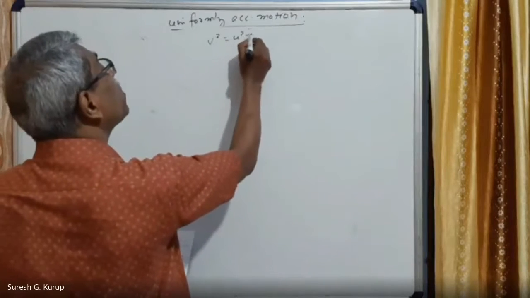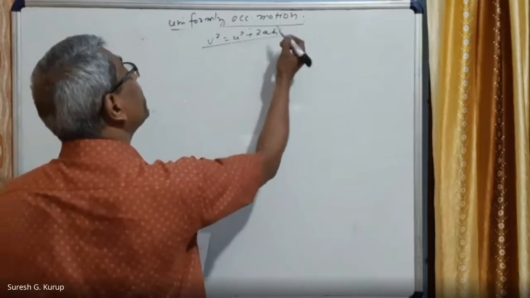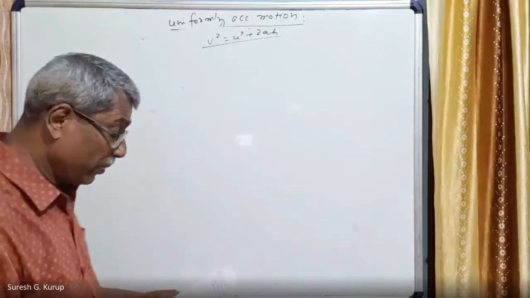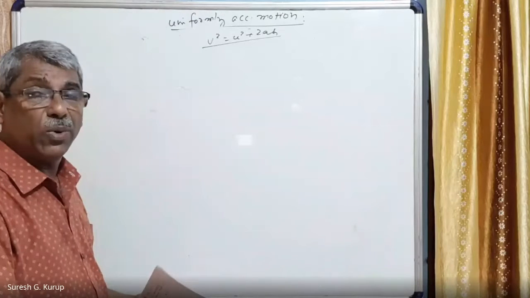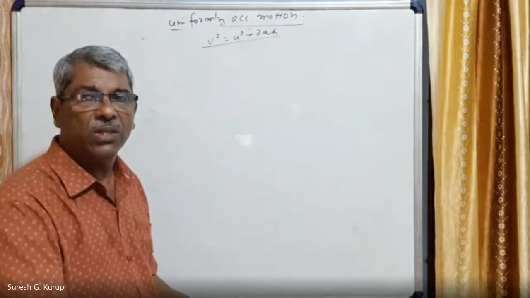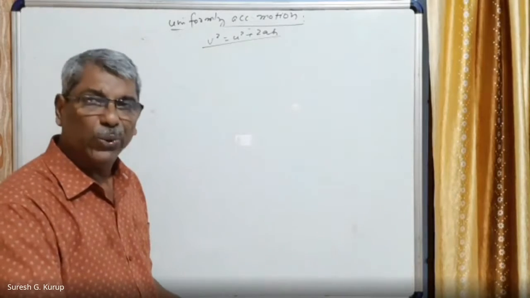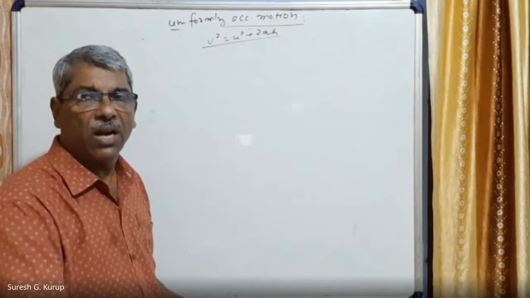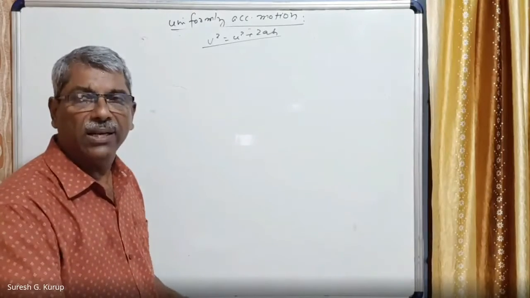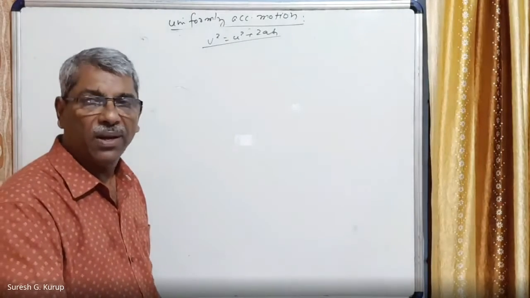Next relation, that is v square is equal to u square plus 2as. We have to prove it. For that, what do you do? So here also we are considering a body moving with uniform acceleration and having initial velocity u, and after a certain time it travels a displacement s, then its velocity is equal to v.